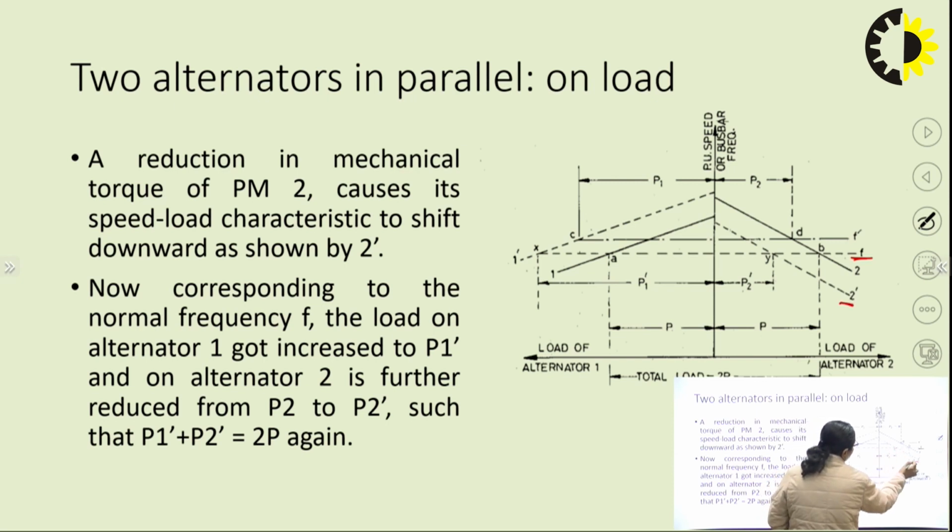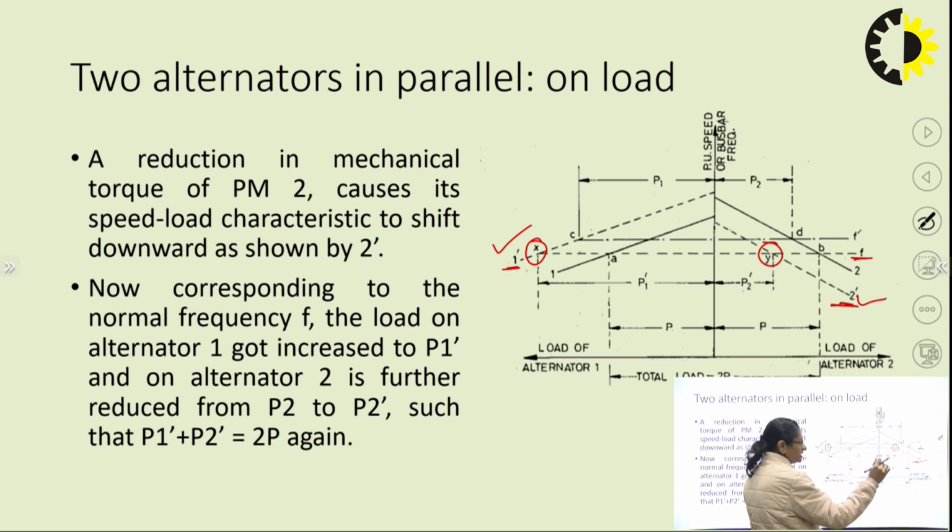The new speed load characteristic of alternator 2 is now represented by 2 dash, and the new operating points would lie on characteristic 1 dash for alternator 1 and characteristic 2 dash for alternator 2. So, what we can see is that the new operating points are x over curve 1 dash and y over curve 2 dash. 2 dash is the new operating characteristic of alternator 2.